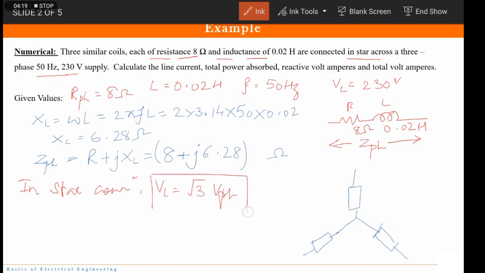Okay, this we have already seen. So therefore line voltage is given. So what will be the phase voltage? It will be the line voltage divided by root 3.